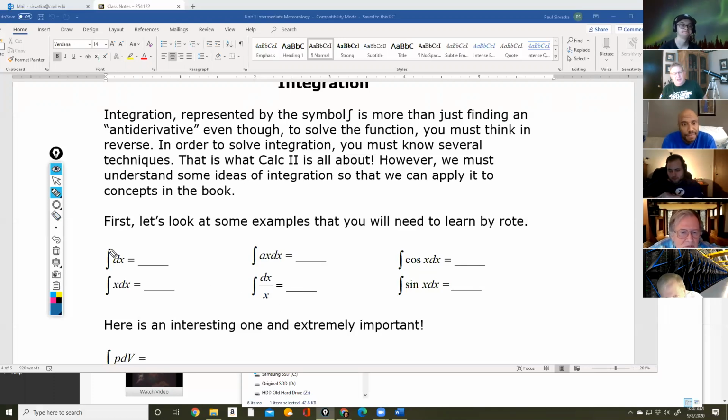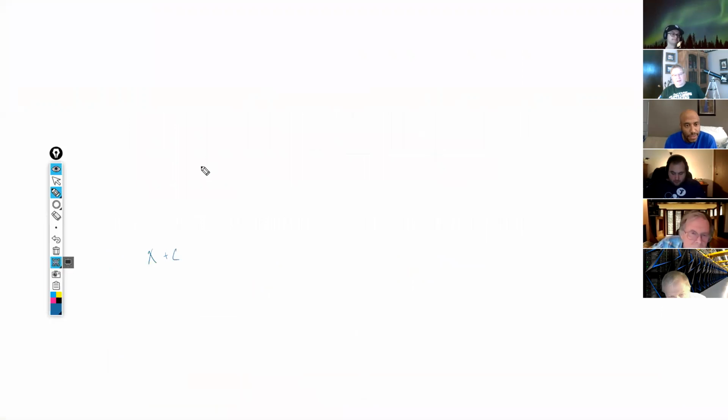What's the integration of x dx? x plus C. x plus a constant. Do you agree that if I took the derivative, dx is dx plus c? Now, what about this one? x squared over 2 plus C. It's going to be x dx.